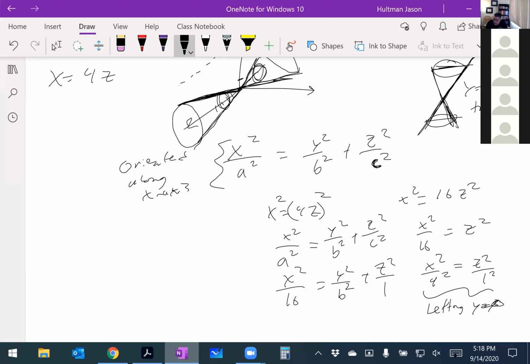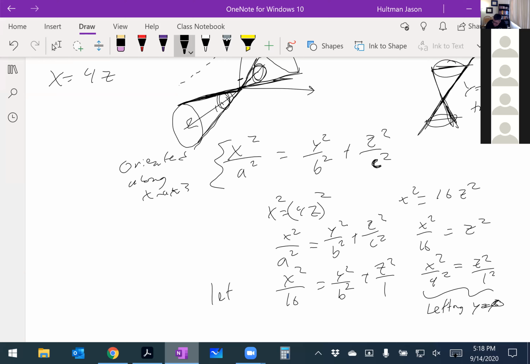What would be nice is if I could let this thing go to 1. Let's let x squared over 16 equal 1, because then I just get the equation of an ellipse, right?